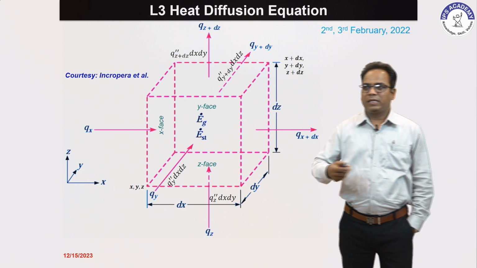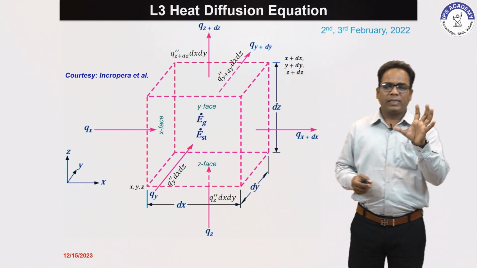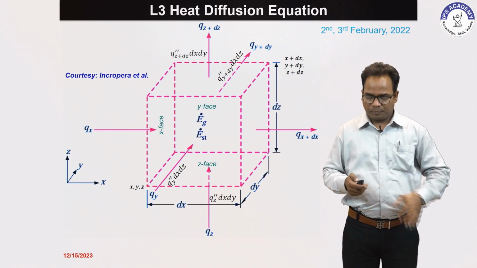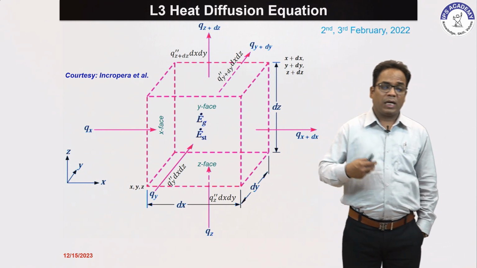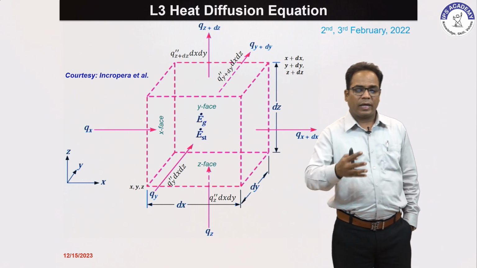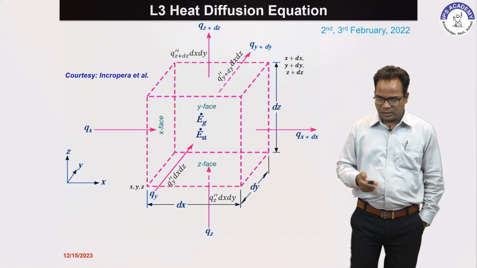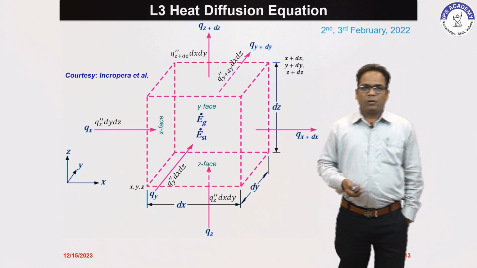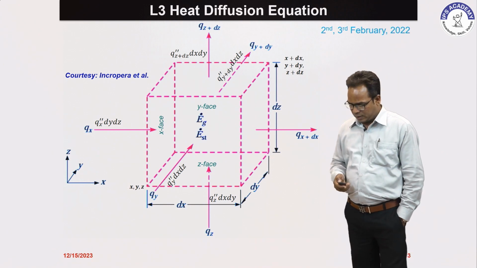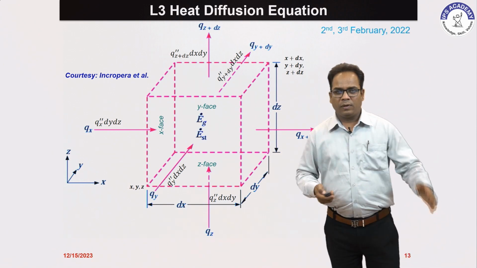So we have 6 phases, and through all these 6 phases the heat can flow. We have to evaluate the rate of heat transferred across all 6 phases. Let us consider this is the amount of heat which enters through the x phase.